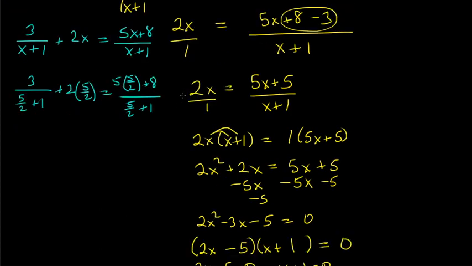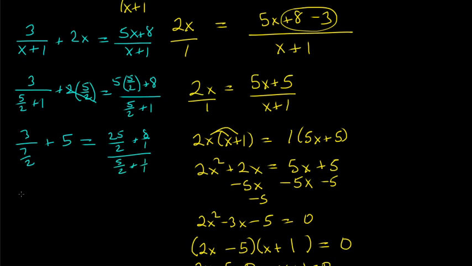So 5 over 2 plus 1 is 7 over 2, so we have 3 over 7 over 2, plus, here the 2's cancel, so that's just 5. Equals 5 times 5 is 25 over 2, plus 8, over 5 over 2 plus 1.